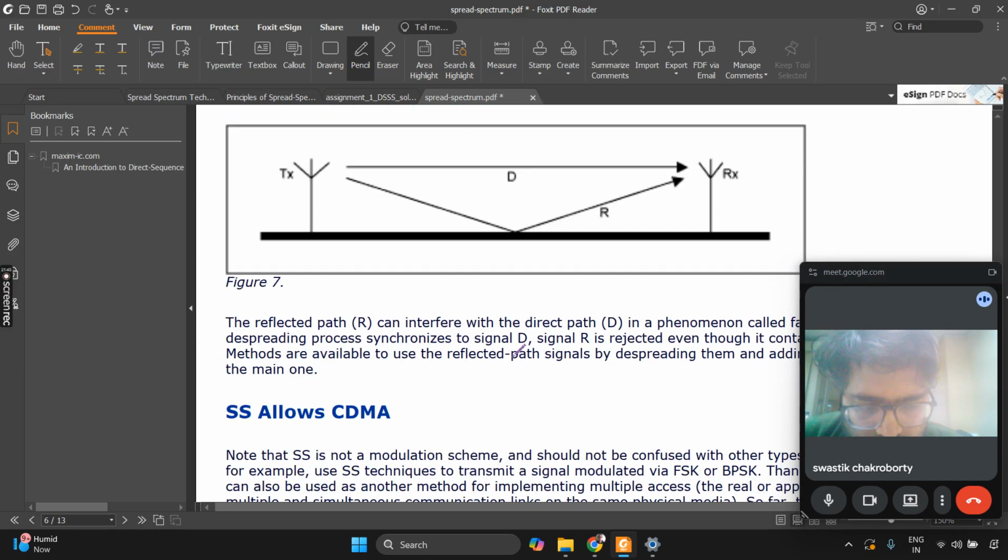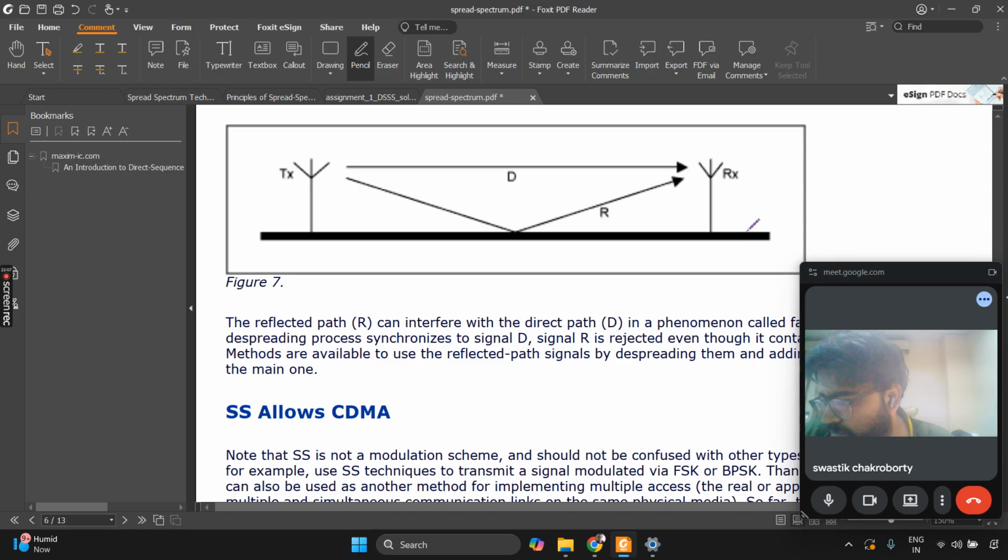So fading means the reflected path. As we know, wireless signals can be reflected from various reflectors like buildings, trees, or atmospheric reflection. These reflected waves arrive at a delay and they interfere with the main signal.